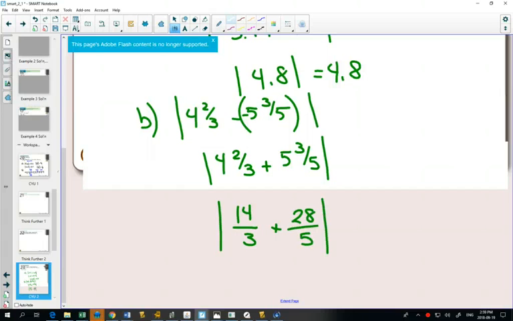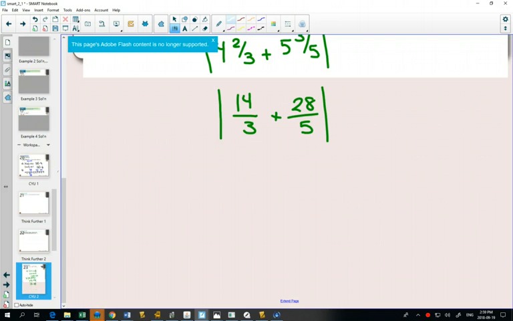Make the bottoms equal, so we need to make the bottom numbers equal. 5 times 14 is 70 over 15, plus 3 times 28 will be 84 over 15.